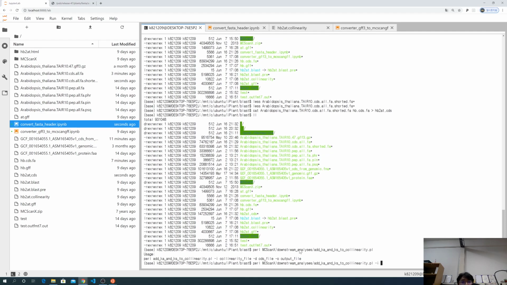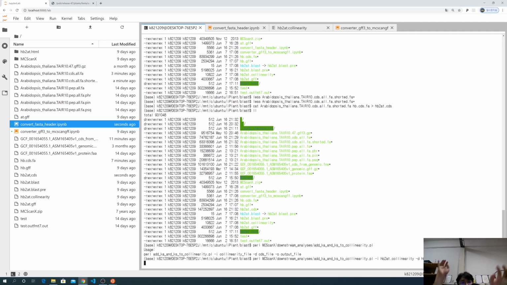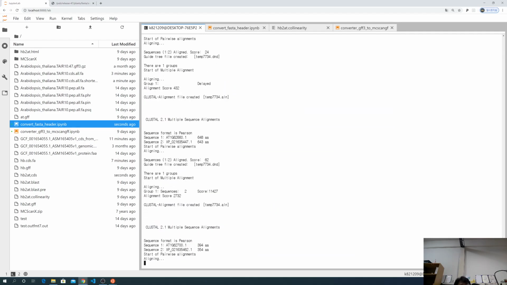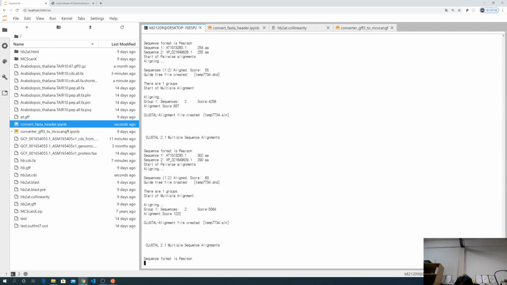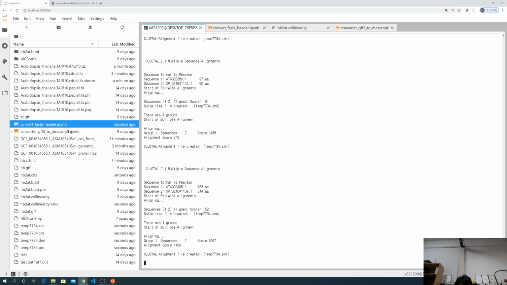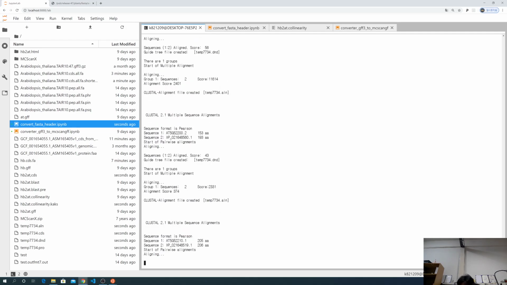Okay. So minus i, input would be this one. d would be this one, just what we made. And output would be KaKs. Please. Yes. It will not take a long time because our syntenic blocks are not many.